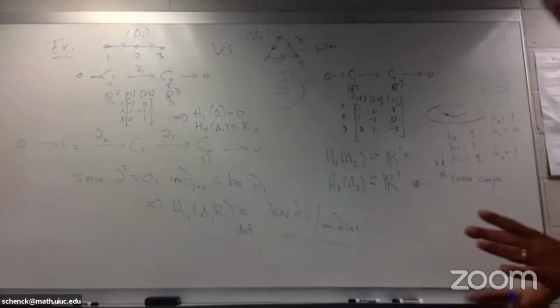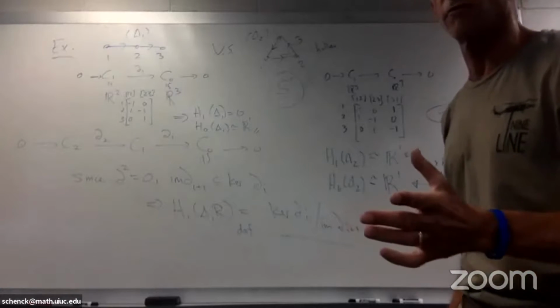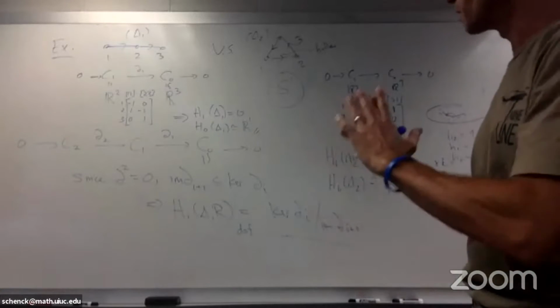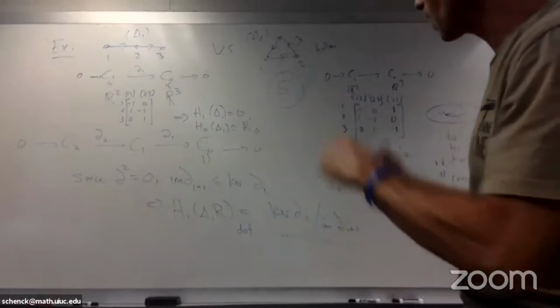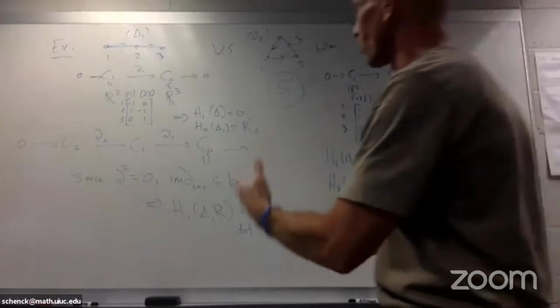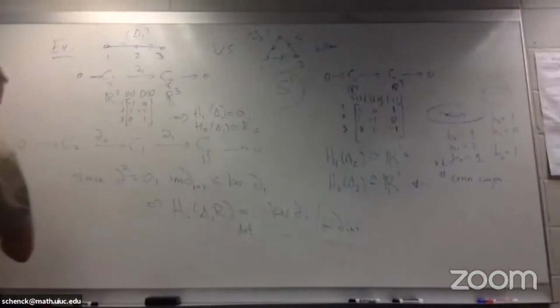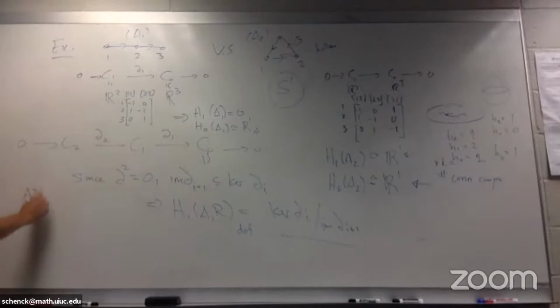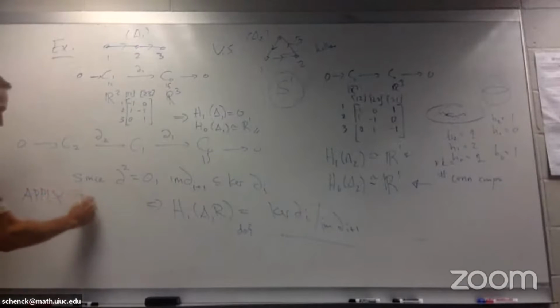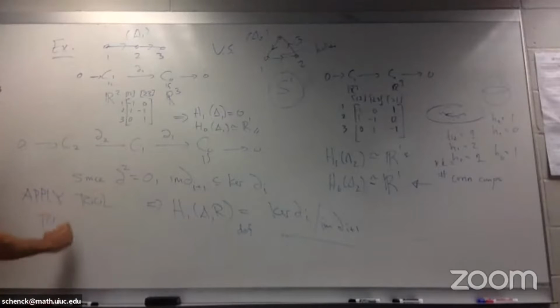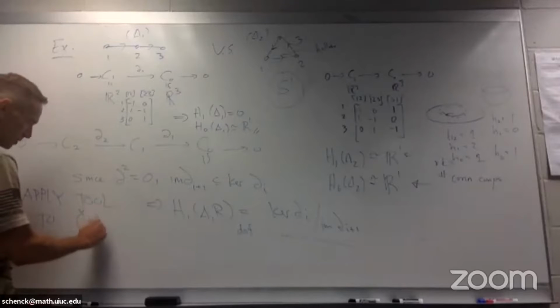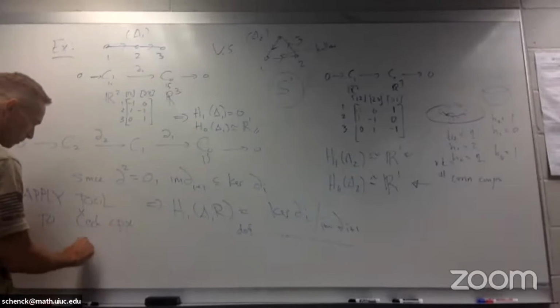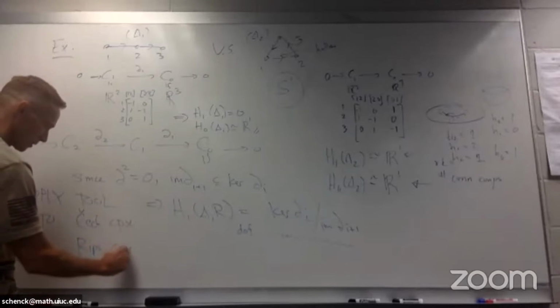All right, so that was our, maybe it was more than 15 minutes. I might have done 20 minutes, but now we are all experts in algebraic topology. And what we're going to do is we're going to go back and apply this. So we want to apply our tool to either the Čech complex or the Rips complex, right?